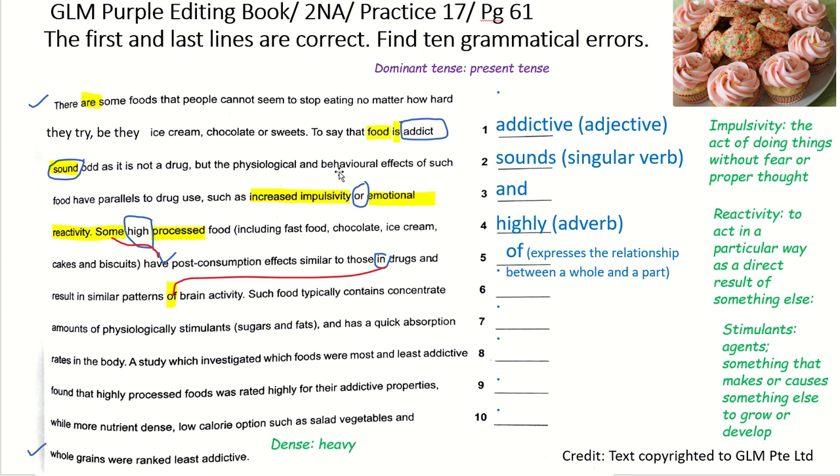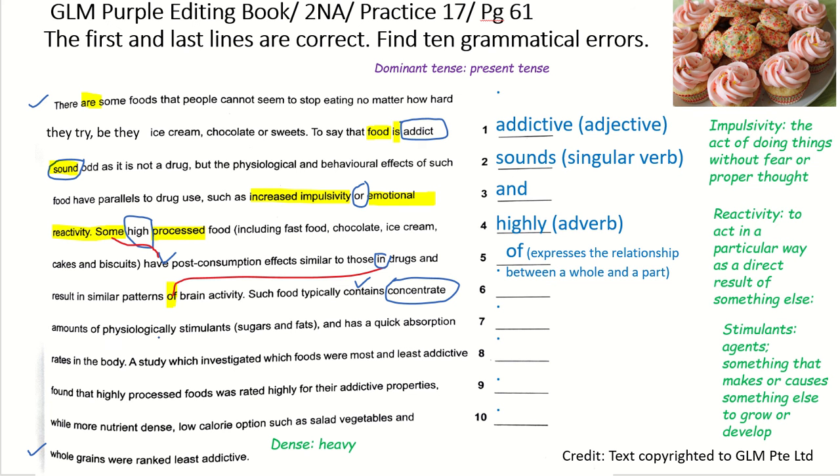Continue. Such foods typically contains. Okay, here contains is correct. Concentrate amounts. Okay, concentrate here should be wrong. It should be an adjective. Okay, but let me continue reading first. Okay, amounts of physiologically stimulants, sugar and fats, and has a quick absorption rate in the body.